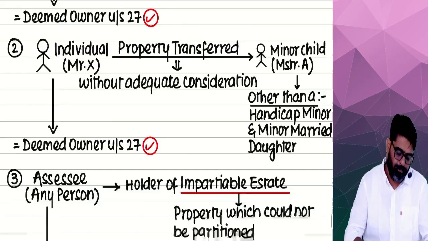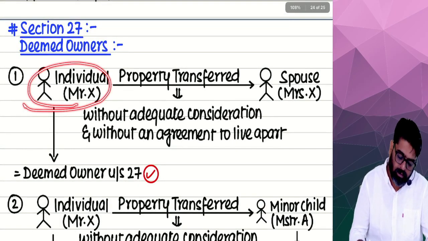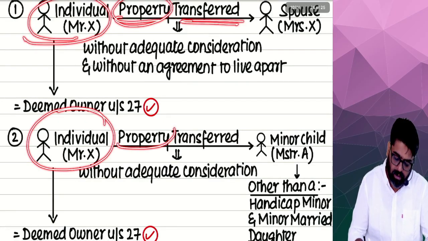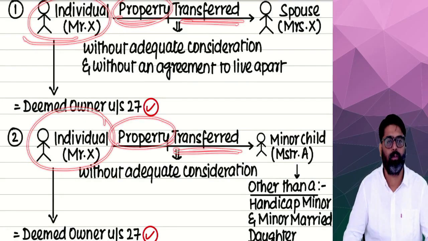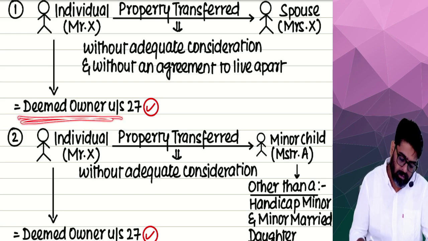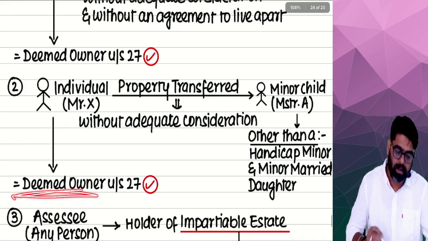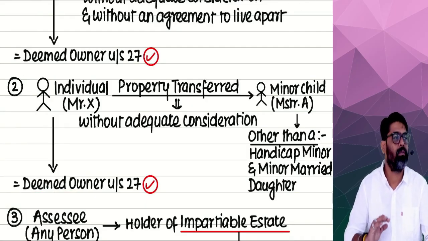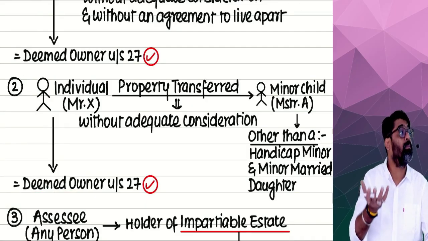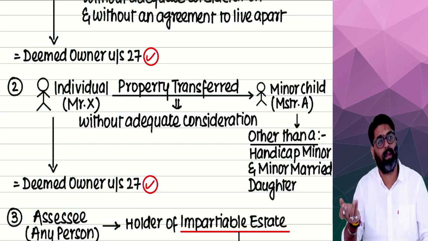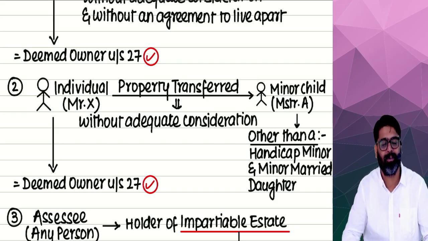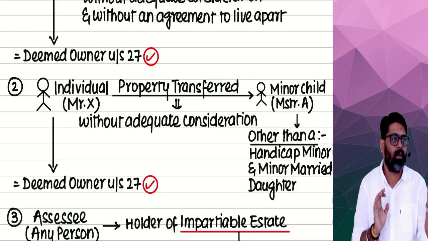Question is, sir, here also the property is transferred, only then you are treated as deemed owner. Now what I'll do, instead of buying the property on my name and then transferring, I will directly buy the property on the name of my spouse or minor child. Possible or not? I have money to buy the property.